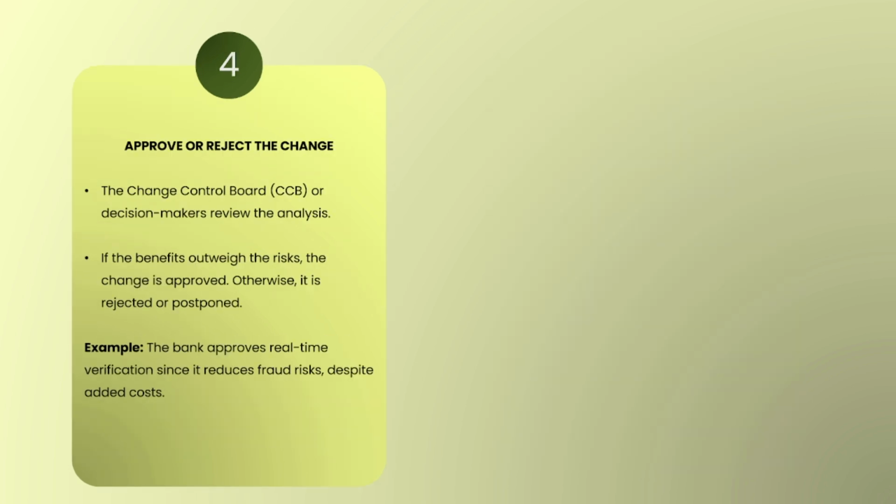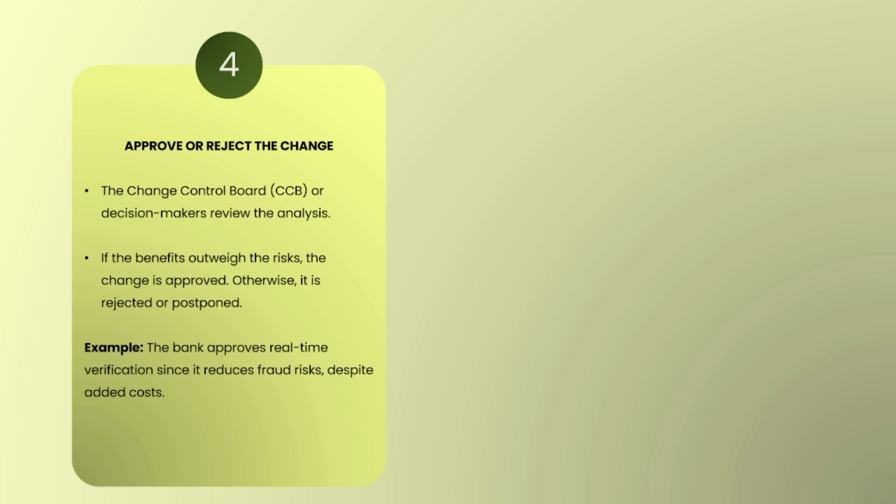Now next is approve or reject the change. Now this is quite interesting. The change control board or decision maker reviews the analysis, and if the benefits outweigh the risk, the change is approved, otherwise it is rejected or postponed.